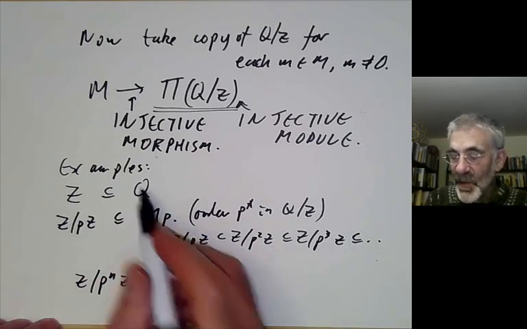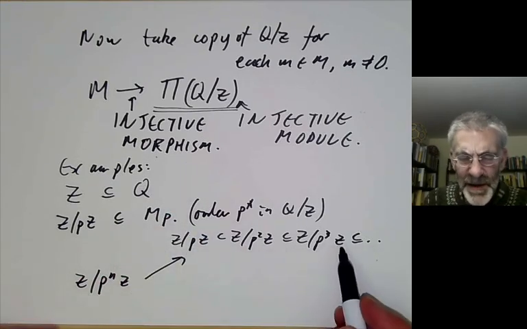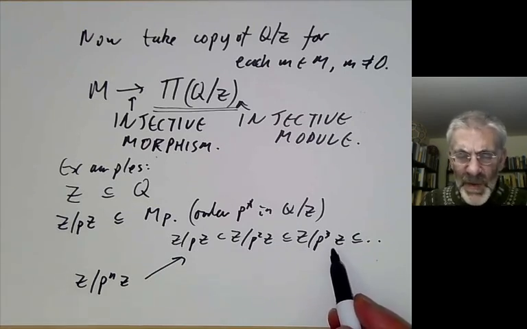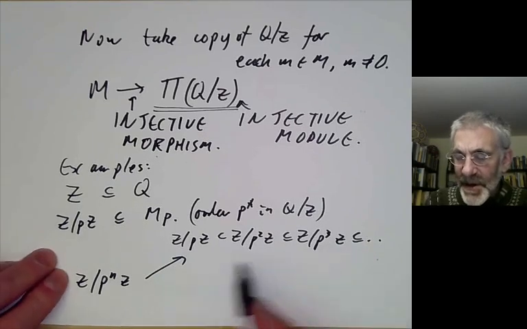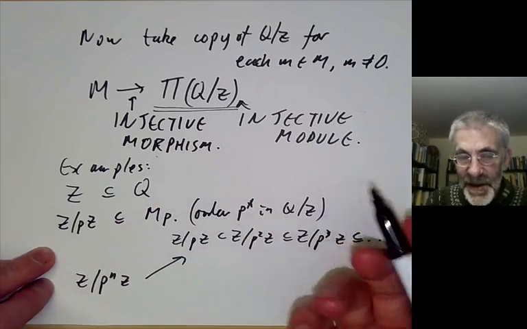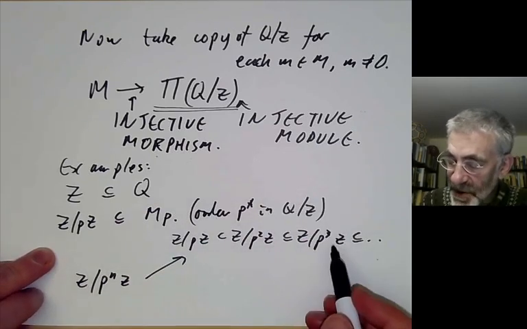Notice, by the way, that these modules are not finitely generated. And in fact, injective modules in general are not finitely generated. I mean, they can sometimes be finitely generated. For example, vector spaces over a field are finitely generated injective modules.